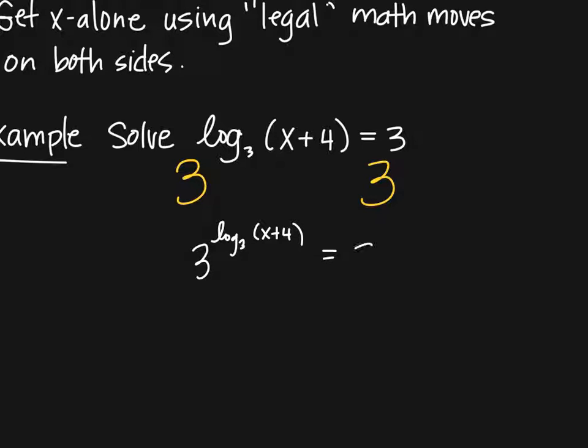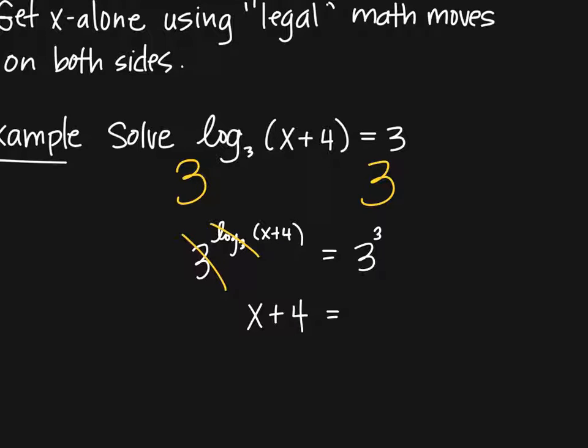And on the other side, big 3, and we shrunk it down to little 3. So what you're doing is introducing the same thing legally on both sides. And on the left side, that big 3 cancels out the log base 3, and that resizes x plus 4 back to normal size.